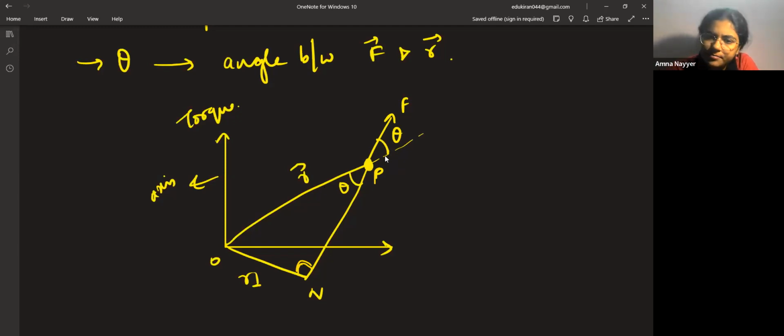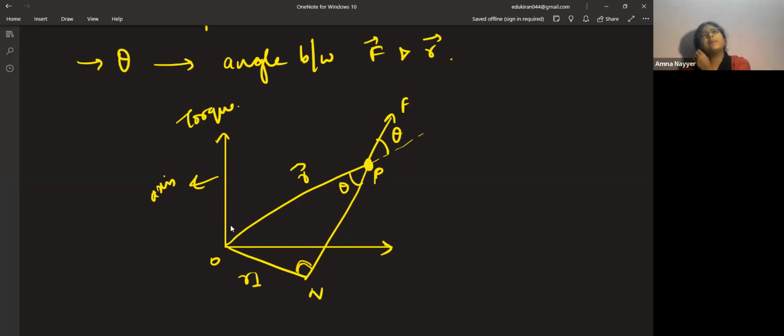So this is theta. Now for the derivation purpose, I have extended this and have drawn a perpendicular. The reason is that the radius vector which we use in torque is always perpendicular to the axis. The axis of rotation is this axis I have taken.